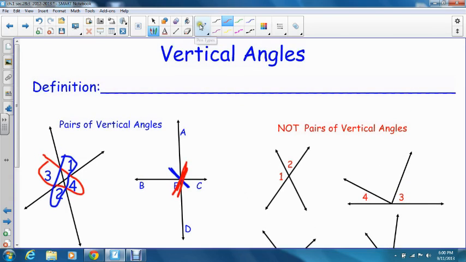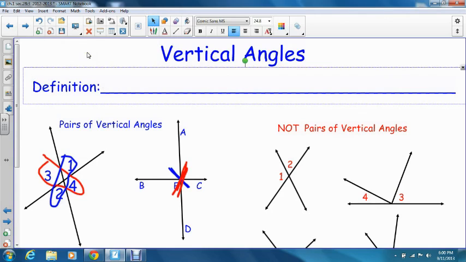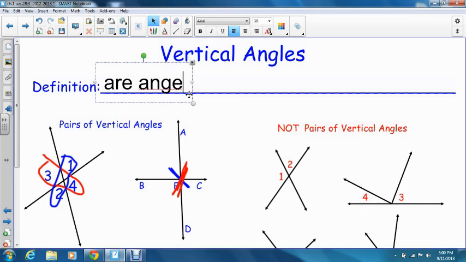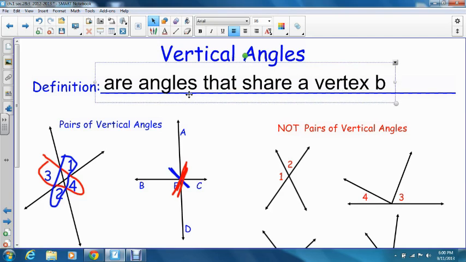So what is a vertical angle? Vertical angles are angles that share a vertex but have no other points in common.